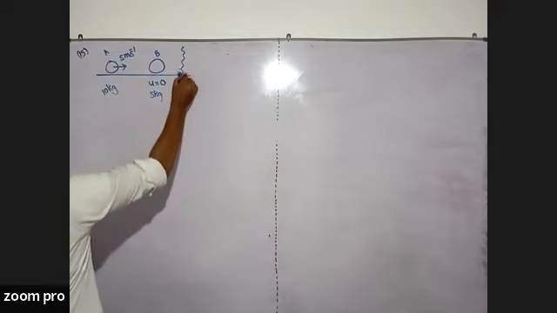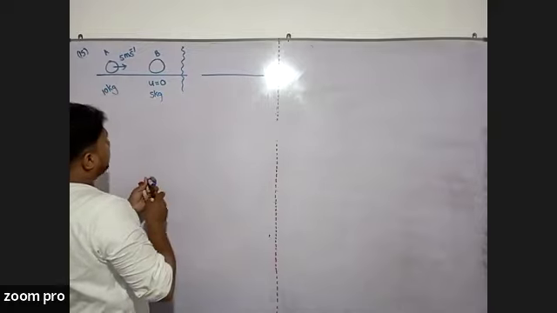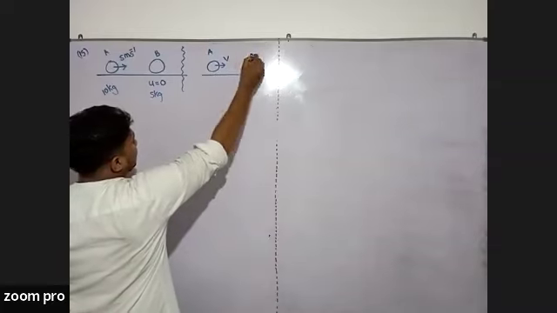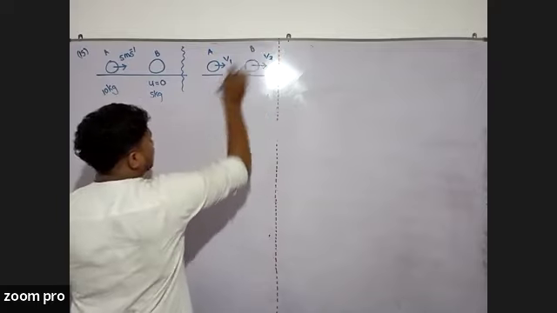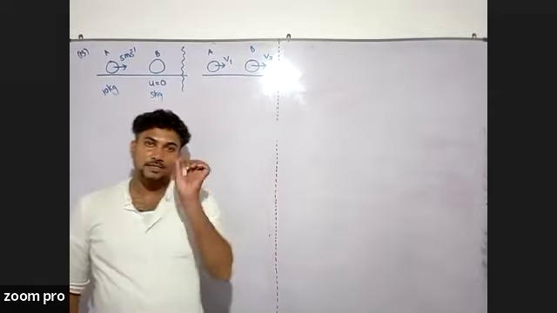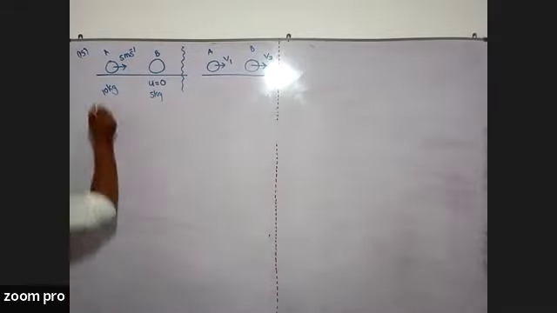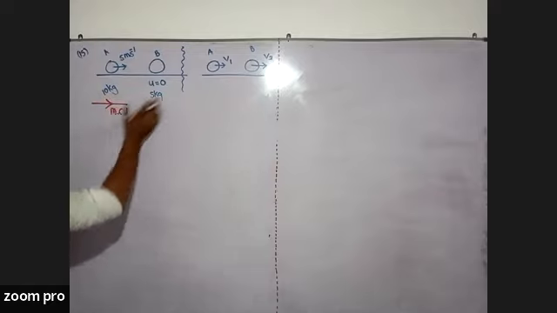Let's consider after the collision the velocity of object A as v1 and the velocity of object B as v2. These are the velocities just after the collision. Now we are going to apply the linear momentum conservation law in the horizontal direction.